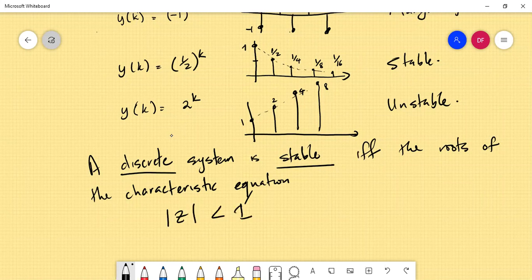So if it's a half, we're good. If it is above 1, we have a problem. So it's the modulus of the roots of the system that has to be less than 1.